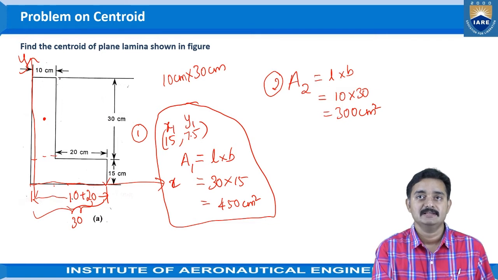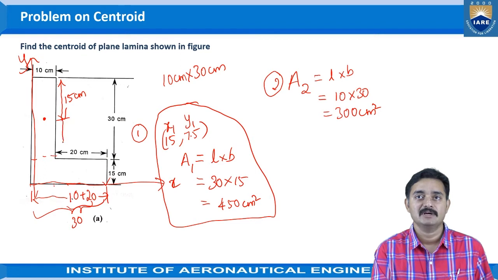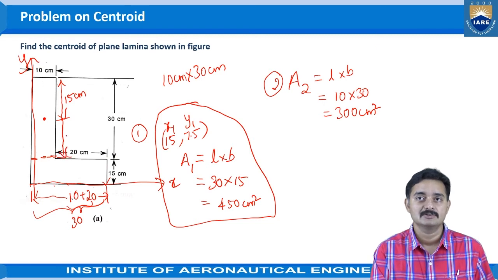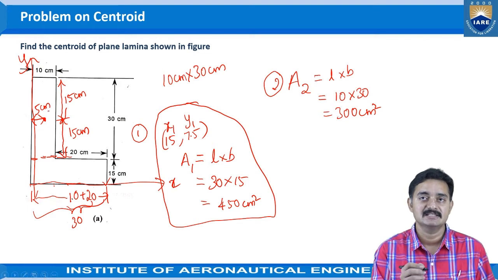So this would be at the center position here, and the value can be written as 15 centimeters. From the y-axis, let us say we have to consider this rectangle alone. Again, this would be your 15 centimeters, the centroid of this particular section alone. Coming to this distance, this distance would be 5 centimeters, as the total distance is 10 centimeters.